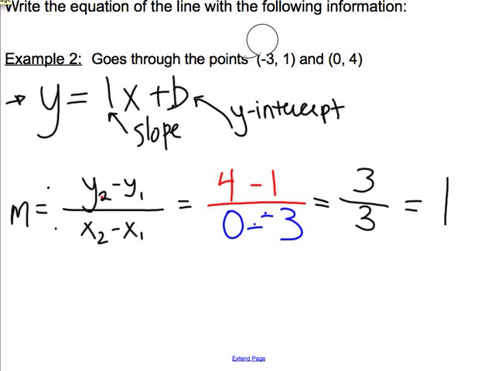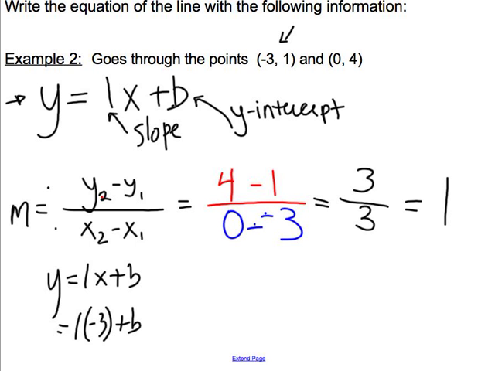Because my rule y equals 1x plus b, the b has to work. If I plug in -3, I should get an output of 1. So I plugged in my -3 and my 1 for my x and my y. Now let's see what I get. So y equal 1 equals -3 plus b.